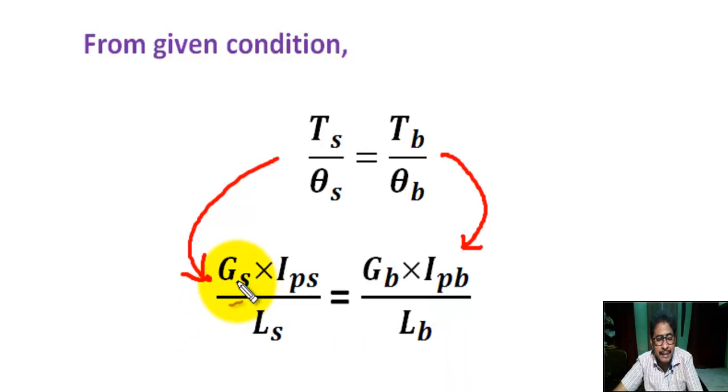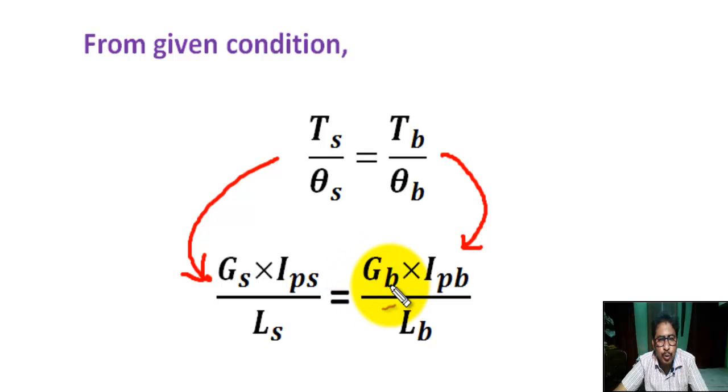Gs is modulus of rigidity of steel shaft, Ips polar moment of inertia of steel, Ls length of the steel shaft.